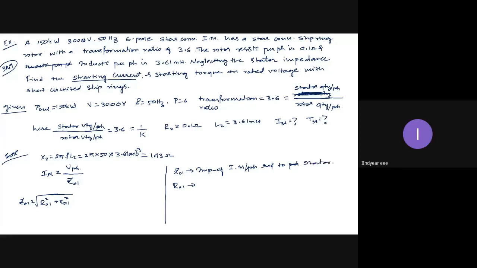So here stator is primary, rotor is secondary. So R01 is the resistance per phase of the motor referred to stator, because I want to find it at the stator side. Simple. X01 is the reactance per phase of the motor referred to stator.